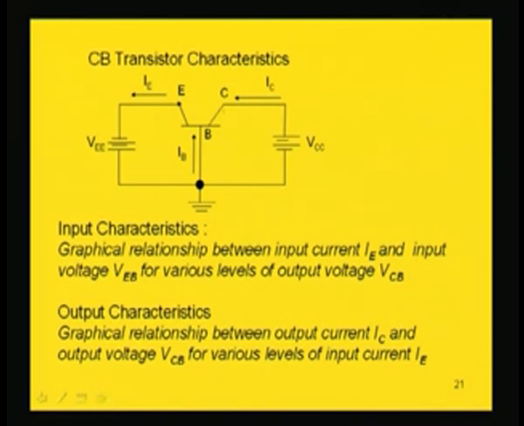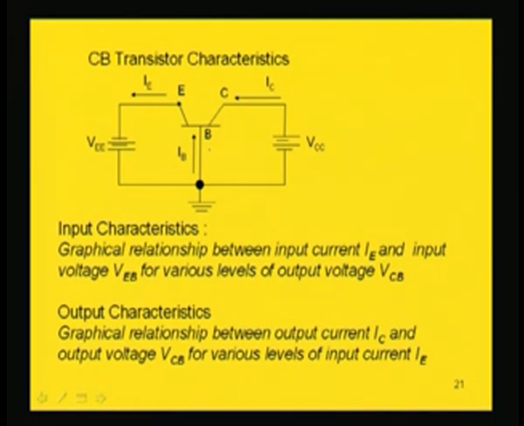If we change VCB, the collector to base voltage, there will be an effect on the input characteristic, that we will have to see. We can draw the input characteristic easily because it is nothing but the forward bias characteristic, the relationship between IE and VEB.